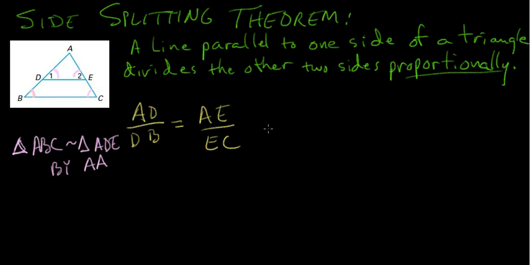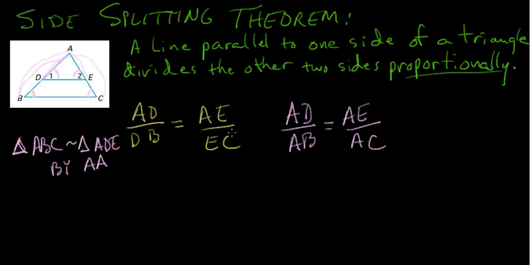And so what that means is that AD is to AB the same as AE is to AC. In other words, AD, that's this one, is to AB the way AE is to AC. And I know it's hard to see, but we have two similar triangles.